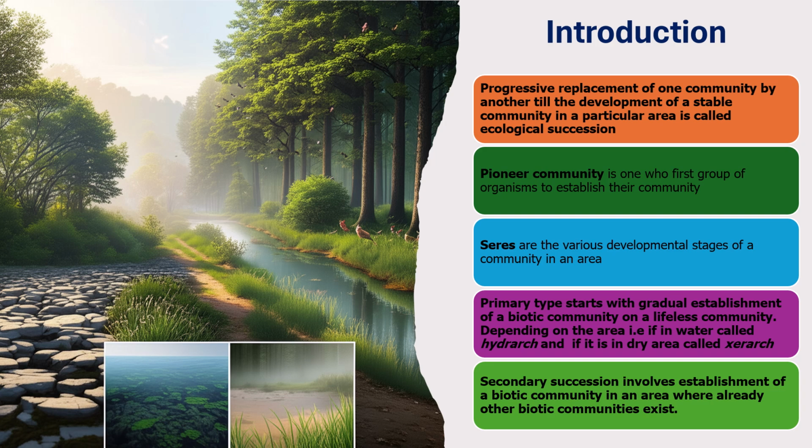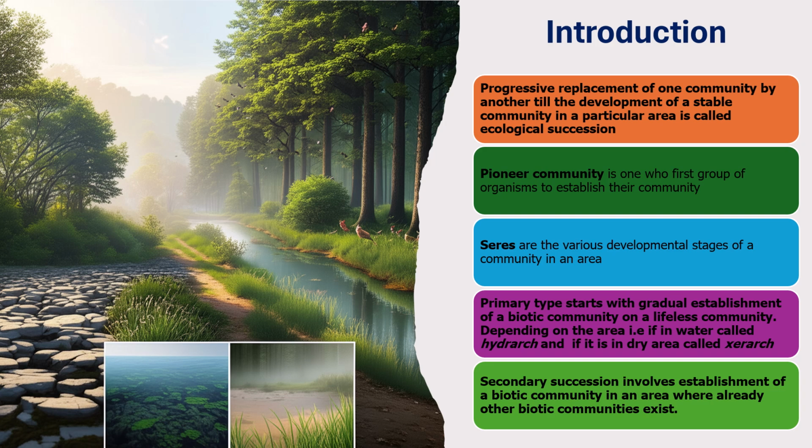Succession is not random. It follows an orderly sequence where species interact, modify their surroundings, and pave the way for other species. Studying succession allows us to appreciate the resilience of nature and its capacity to restore balance after disturbances.